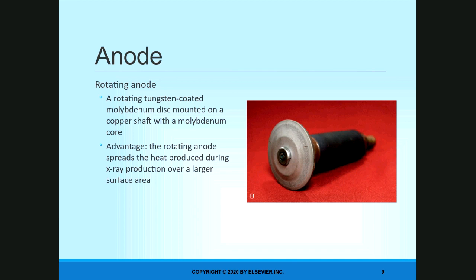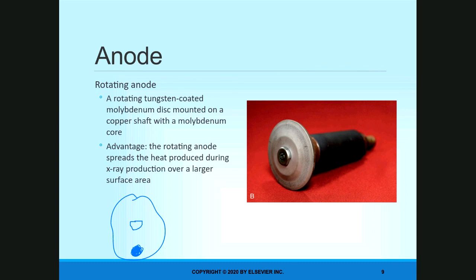Okay, and in that anode, you're going to strike this spot right here repeatedly. So when you're doing that, if this didn't move, you would keep striking this same area over and over, just like we did with the stationary anode. And what would happen? You would start to wear out this area on the actual anode.